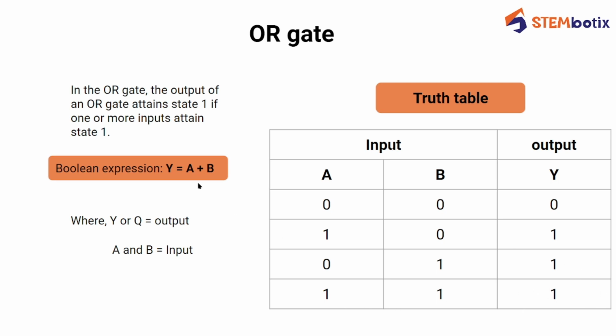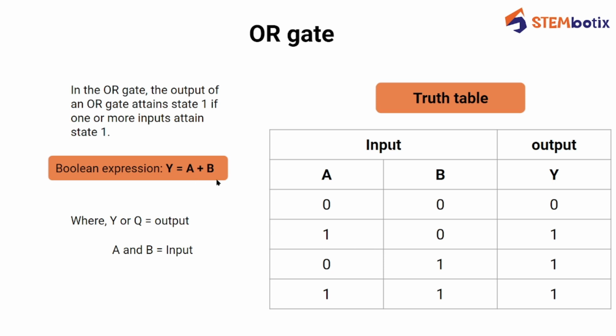It will not be the typical algebraic sum where 1 plus 1 equals 2, because it is a binary representation. If both inputs are non-zero, the output is simply high, not 2 or double something, but the output at its maximum state.